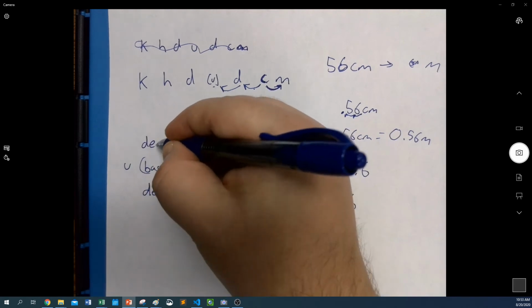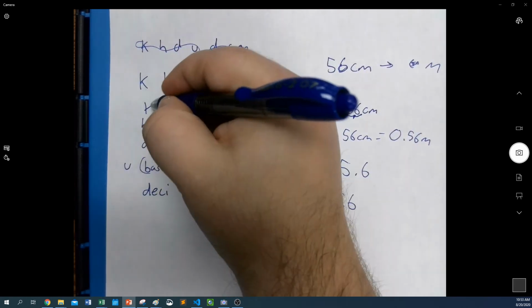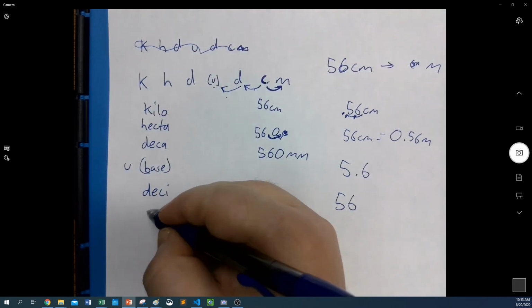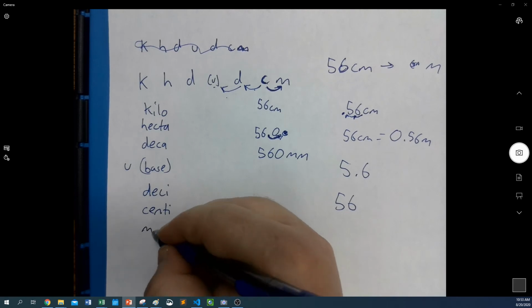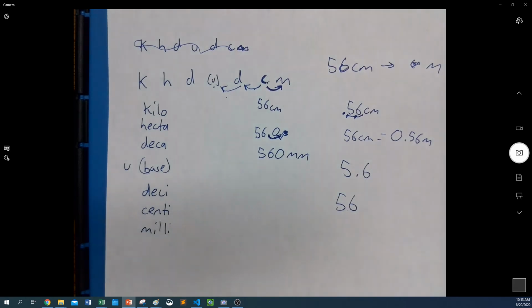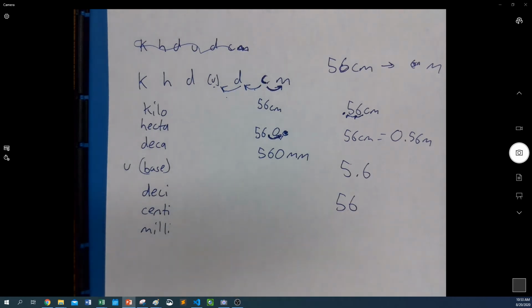Then this is deca, hecta, kilo, and on the other side deci, centi, and milli. So that's deci. We use 10. We use decimals because we break the unit into 10 parts. The numbers into 10 parts.